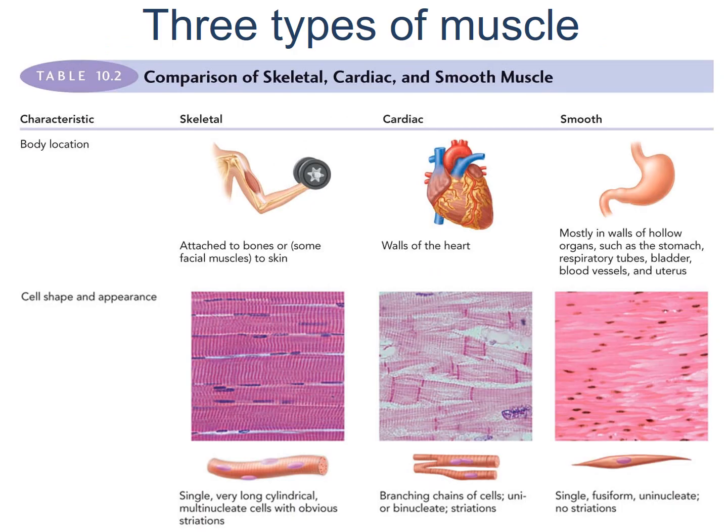So when we're talking about the muscular system, we want to remind ourselves that there are 3 different types of muscle. We learned this already, but just as a reminder, we've got skeletal muscle, cardiac muscle, and smooth muscle. In this chapter, most of the information I give you is going to refer to skeletal muscle.